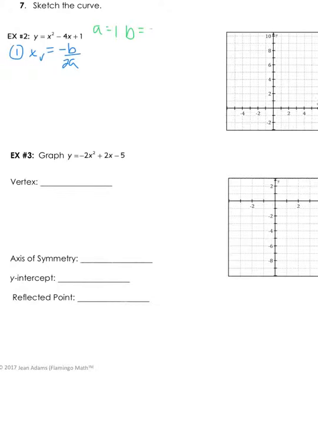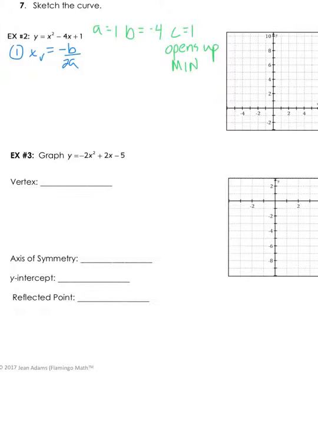B is equal to -4, and C is equal to 1. Since A is positive, I know that this opens up. Because it opens up, my vertex is at the bottom, and so I have a minimum.